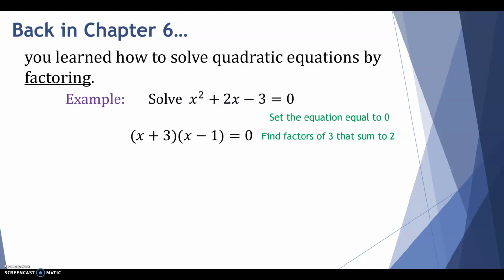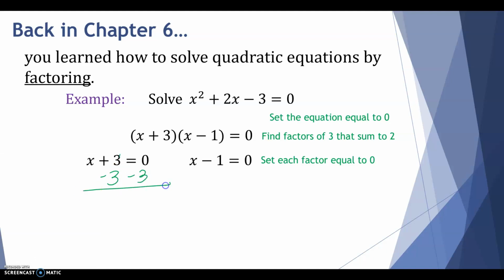But now I need to actually give myself x equals. So you take each of those, you set them equal to 0. And yes, you have done this before. You would subtract your 3. You would get x equals negative 3. You would add 1. And you would get x equals 1.